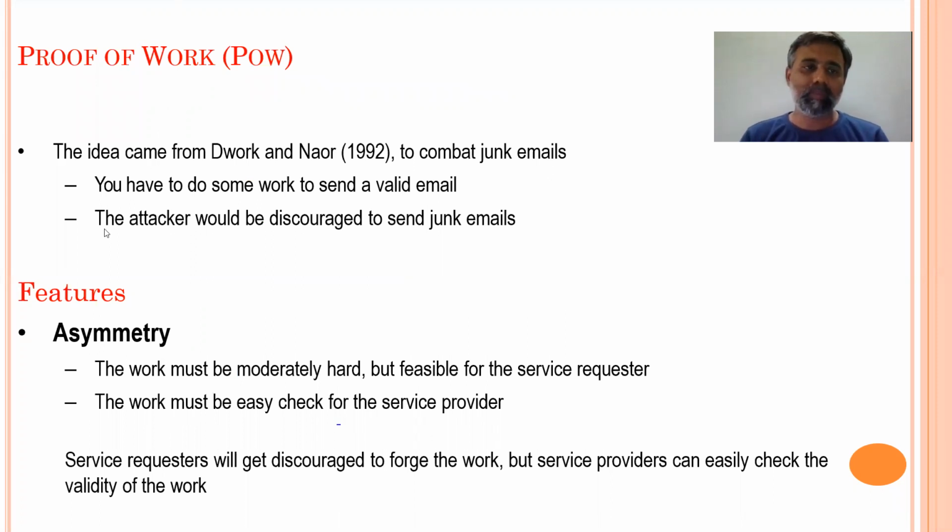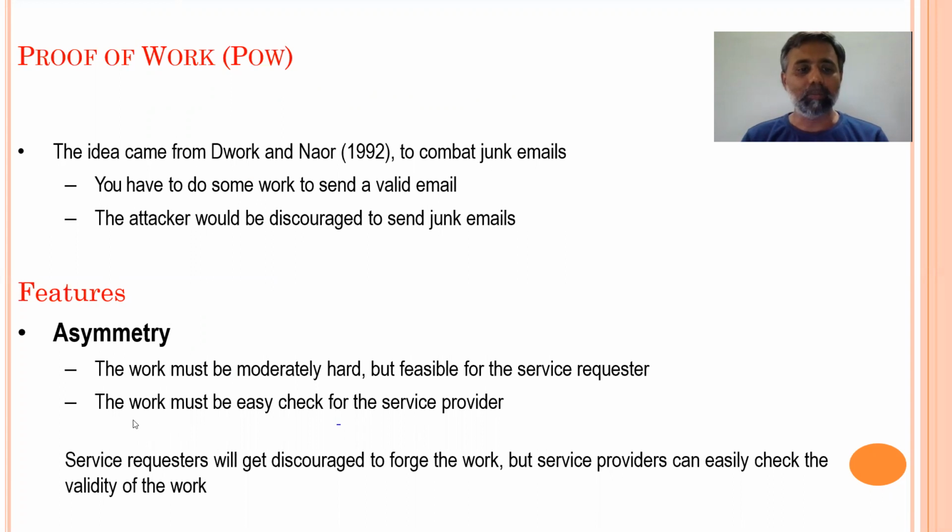The very first feature of proof of work is asymmetry. The proof of work mechanism should be moderately hard but feasible for the service requester.